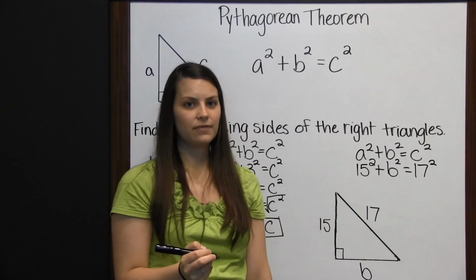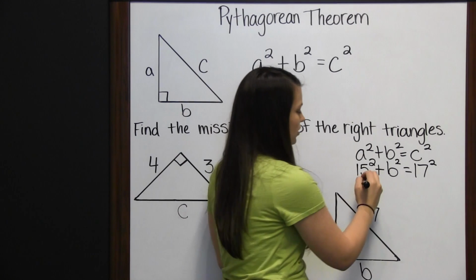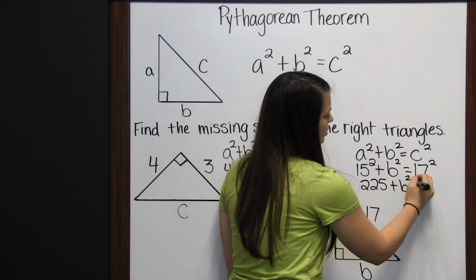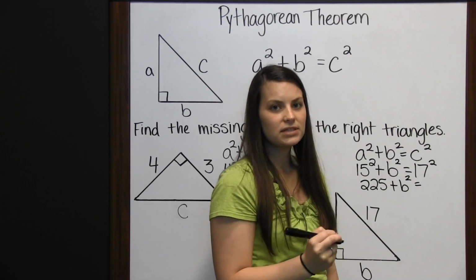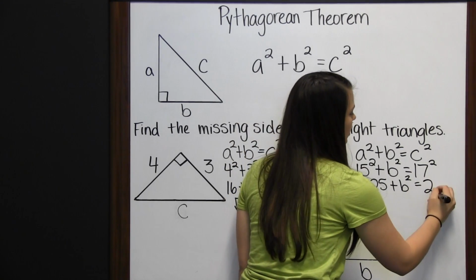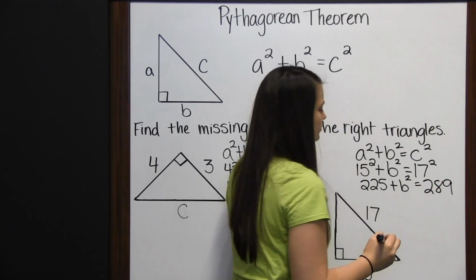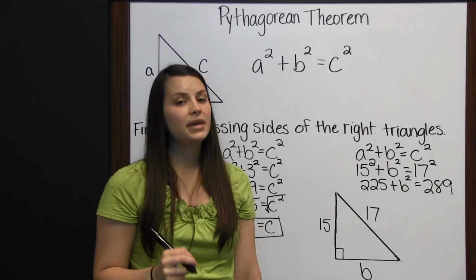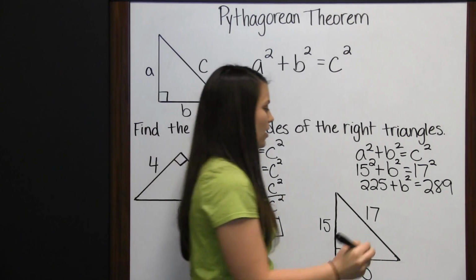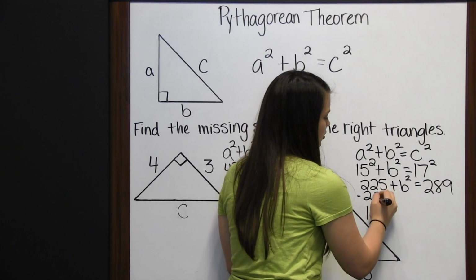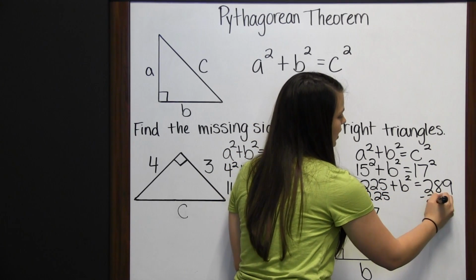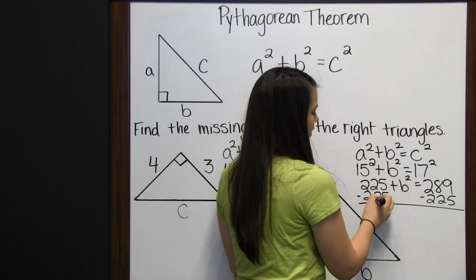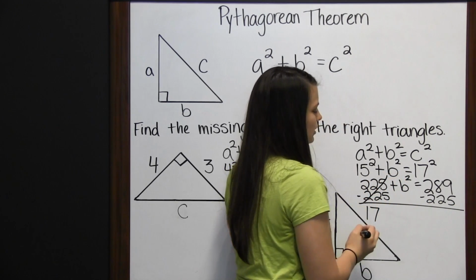Now we need to simplify. 15 squared is 225 plus B squared is equal to 17 squared is 289. Since we're trying to solve for B, that means we need to get B alone. And to do that, we're going to have to subtract 225 from both sides. 225 minus 225 is 0.